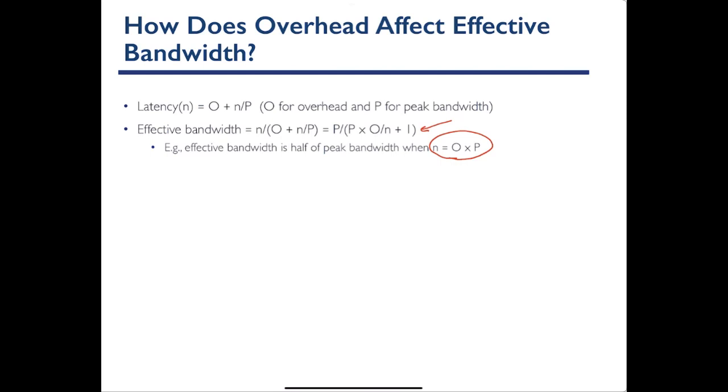If you don't send any request, then N is 0, so effective bandwidth is 0. You're not moving any data. Then you start increasing N, and your effective bandwidth changes. For a particular N equal to O times P, you can verify that your effective bandwidth becomes half of your peak bandwidth.